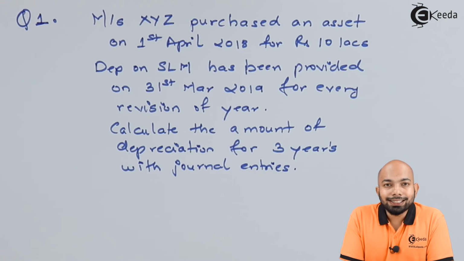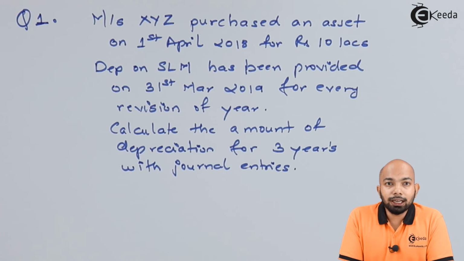Now the question states that Messrs XYZ purchased an asset worth rupees 10 lakhs on 1st April 2018. There's a depreciation that is provided under the SLM method. We'll assume that it's 10%. Now when this depreciation rate and method have been provided, they have asked you to prepare journal entries for the next 3 years when it comes to providing depreciation and the accumulated amount that you'll have in terms of depreciation accounting.